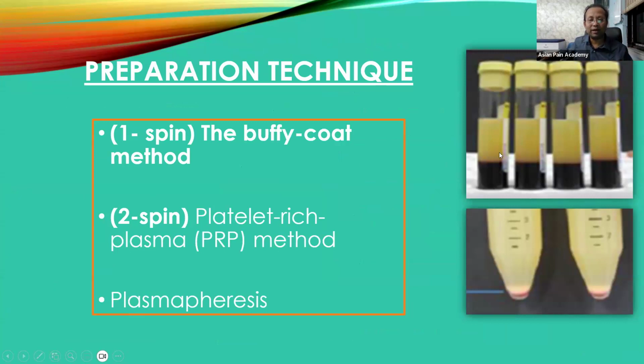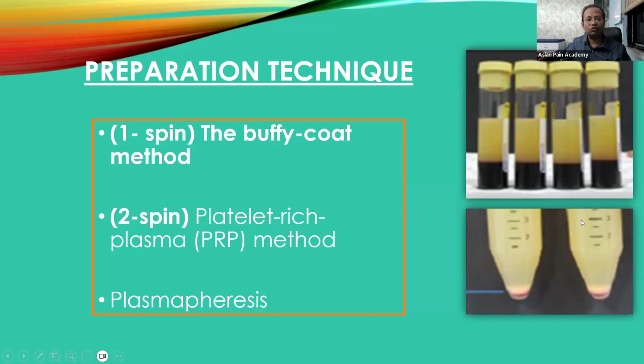Above the gel, it is mainly the platelet at the junction, just above the gel. After that starts the plasma with WBC also. So while taking out the platelet part, some amount of WBC also comes. That's why we say that whatever we are using is WBC rich, not WBC poor.